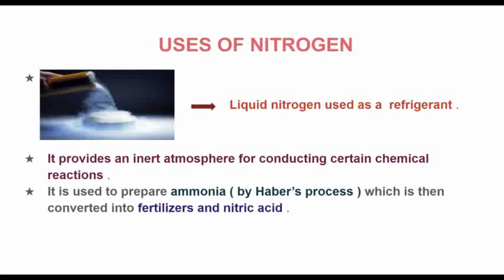Now we will see the uses of nitrogen. Liquid nitrogen is used as a refrigerant. It provides an inert atmosphere for conducting certain chemical reactions. It is used to prepare ammonia by Haber process, which is then converted into fertilizers and nitric acid.